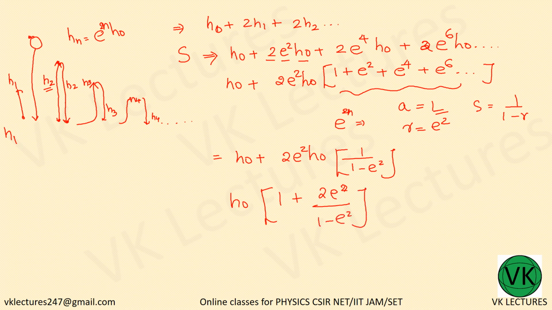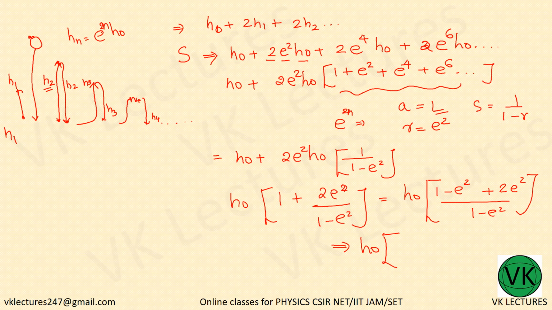This will be h naught into 1 minus e square plus 2e square divided by 1 minus e square. Now the last step: this will be 1 plus e square divided by 1 minus e square. This is the total distance.